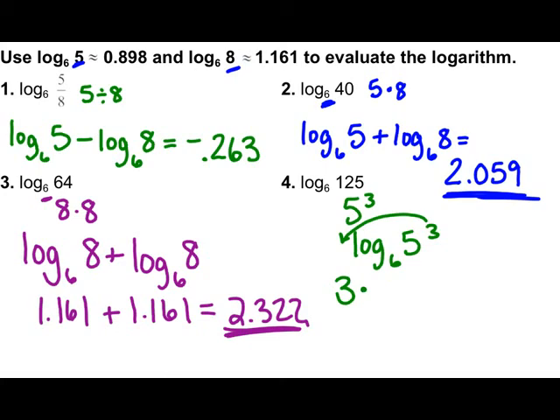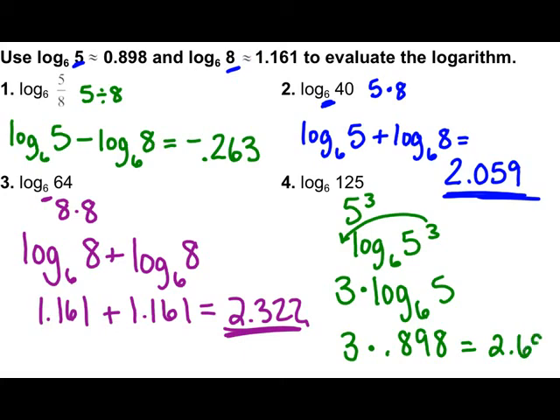So it's 3 times log base 6 of 5. So it's 3 times basically 0.898, which is 2.694.